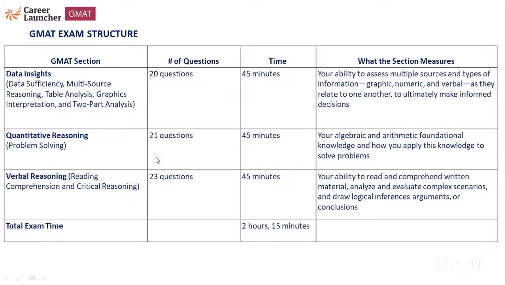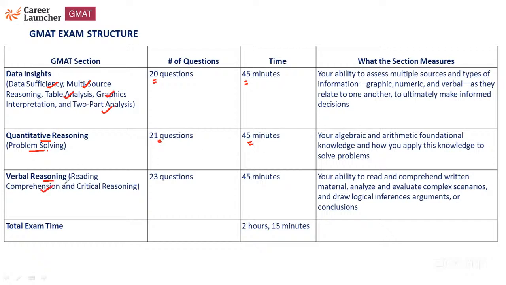Now the structure. We know that data insight has data sufficiency, multi-source reasoning, table analysis, graphic interpretation, and two-part analysis. 20 questions, 45 minutes would be given. Quant will have problem-solving type of questions, 21 questions, 45 minutes again.